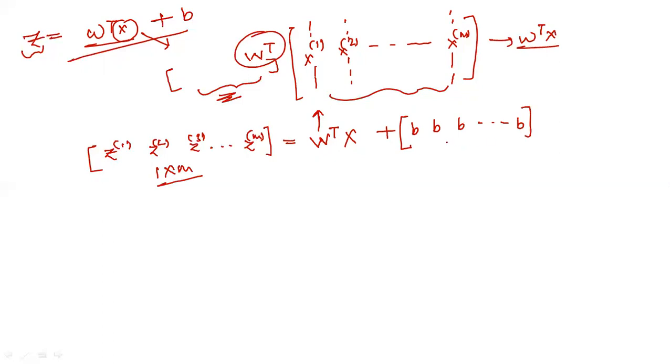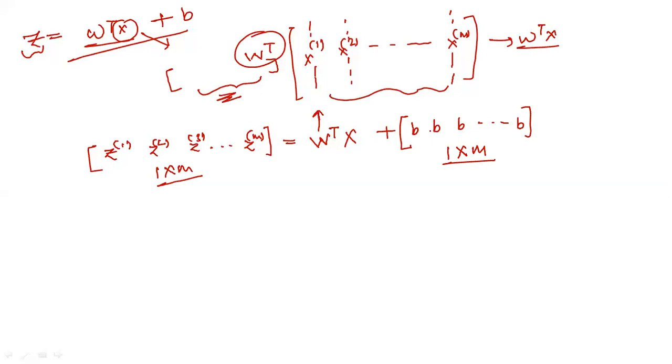Okay, so here the vector b would also have the dimension of 1 cross m. So there would be m number of b's over here, because whatever would be the dimension of this output vector, the same would be the dimension of b. Okay, because b is ultimately added to w transpose x, so you need to have a sufficient number of b's also.